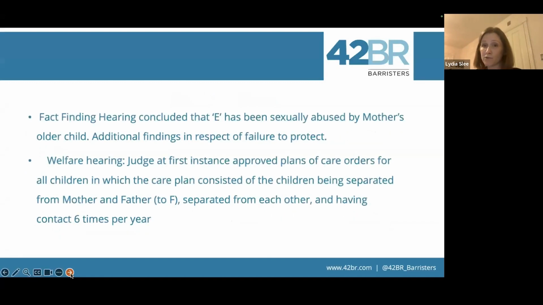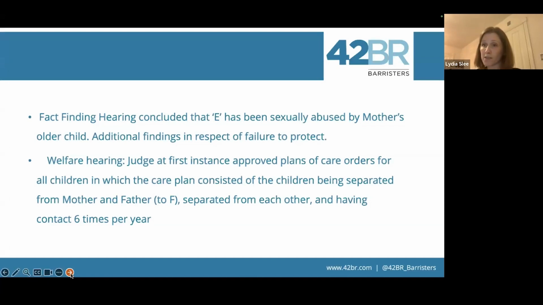Matters proceeded down the line of a fact-finding hearing, and the court determined that E was sexually abused by mother's older child A, with some additional findings, but the allegation in relation to the sexual abuse that was found was a single incident whereby mother and father of child F were distracted by dealing with an injured dog within the family home.